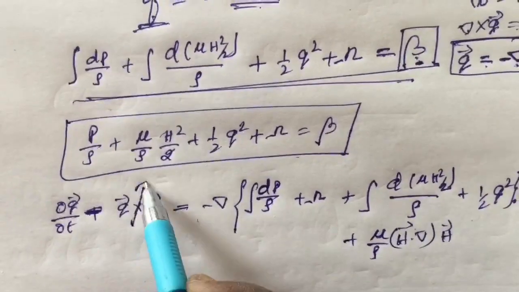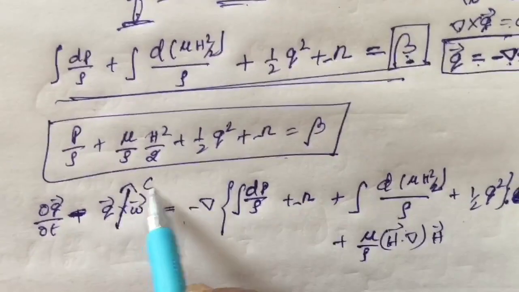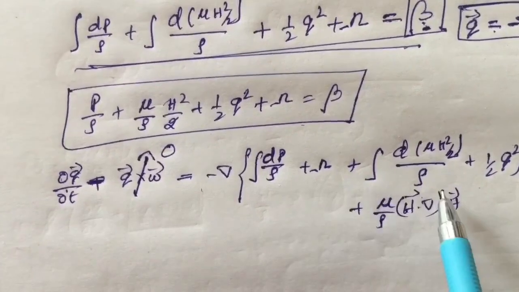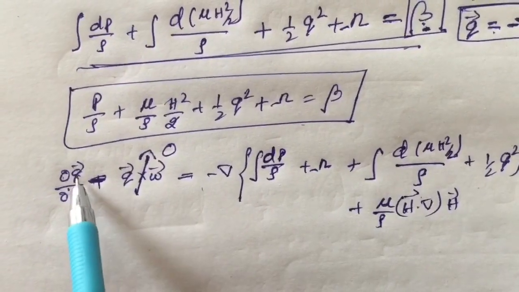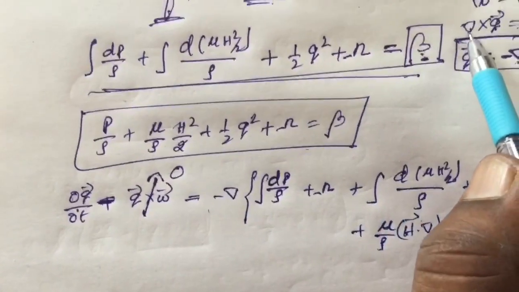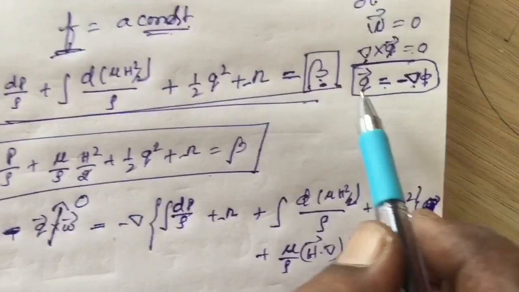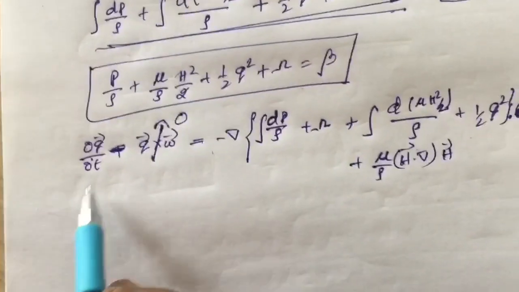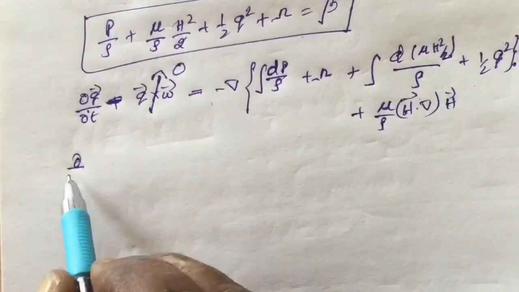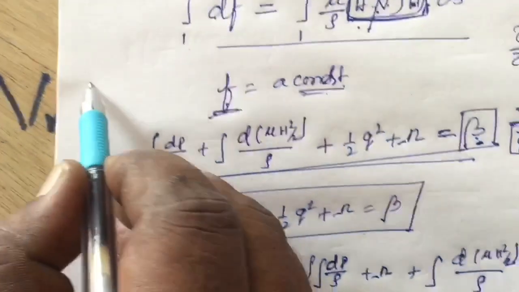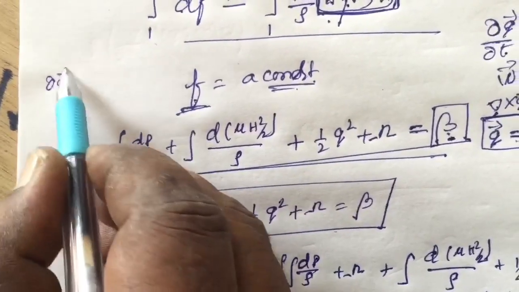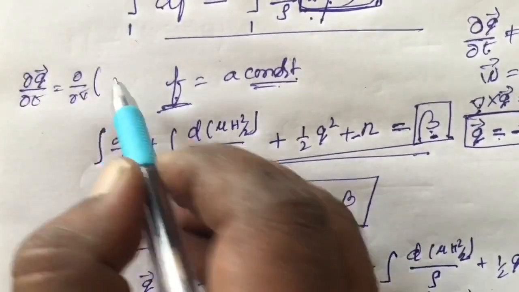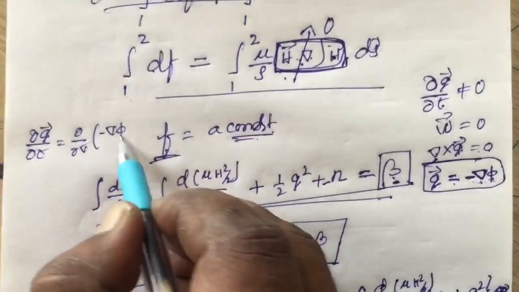But here we assume that omega is 0, that's why this term tends to 0. Remaining is this term and these terms, right? But once the flow is irrotational, you can express q as minus gradient of phi. That's why del q by del t can be written as del by del t of minus gradient of phi.